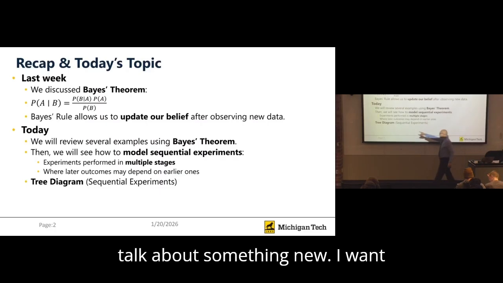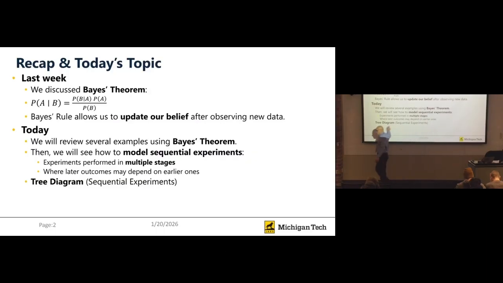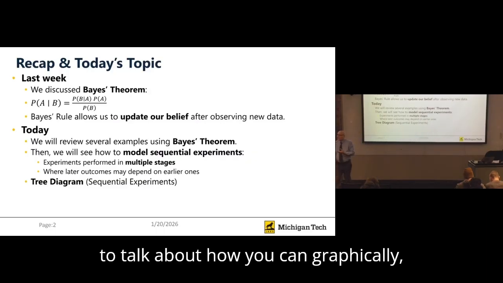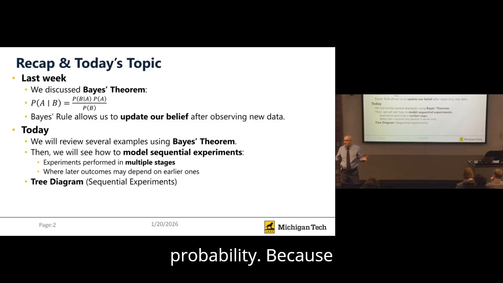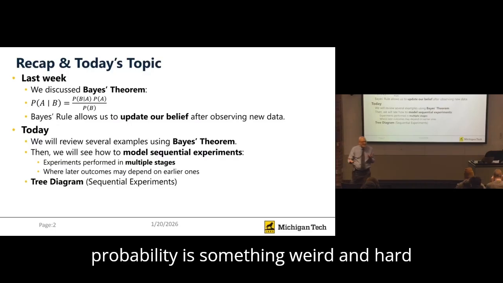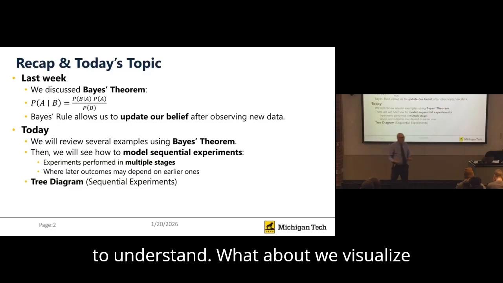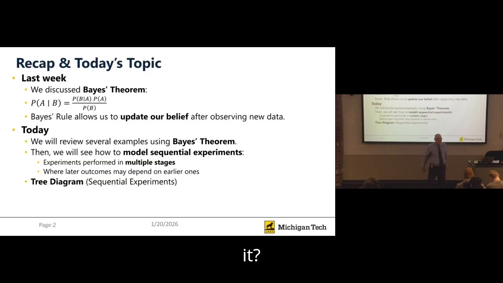Also, we want to talk about something new. We want to talk about how we can graphically visualize probability. Because probability is something weird and hard to understand. What about we visualize it? We can visualize something.